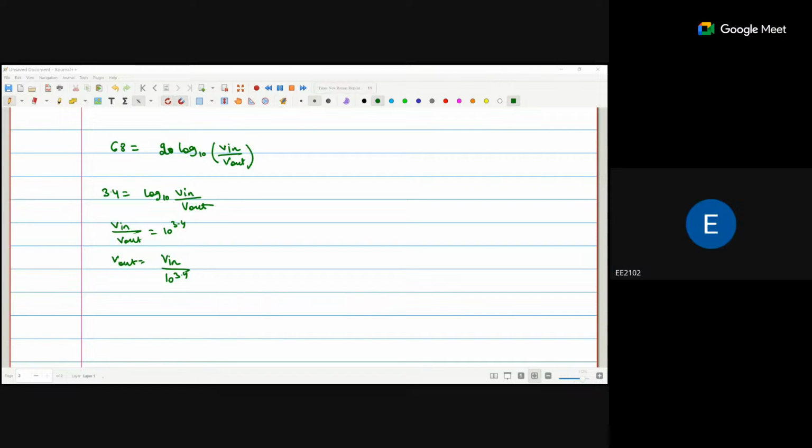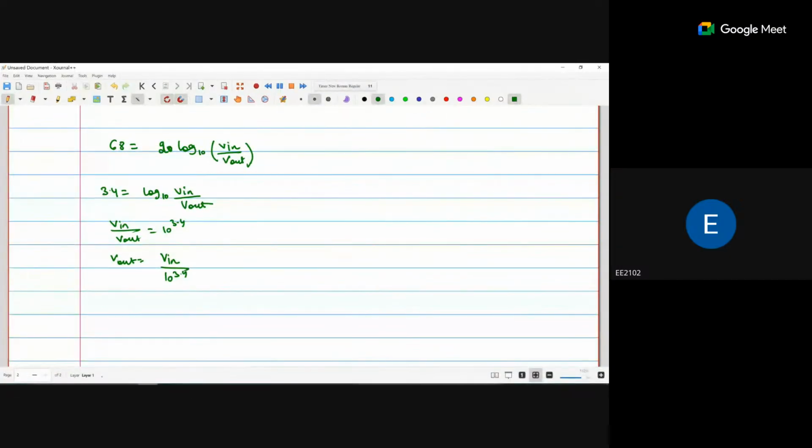The value of PSSR is 68. So Vin is 5 microvolt divided by 10 to the power 3.4.